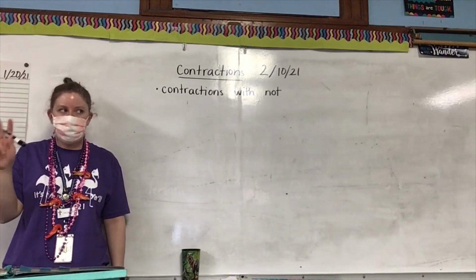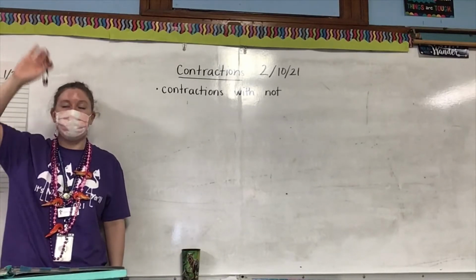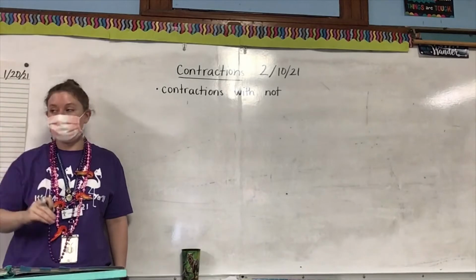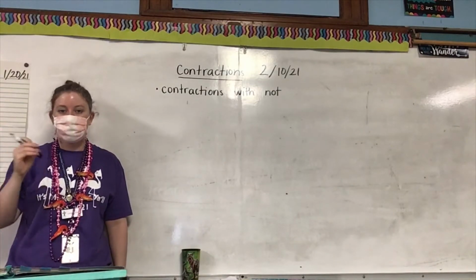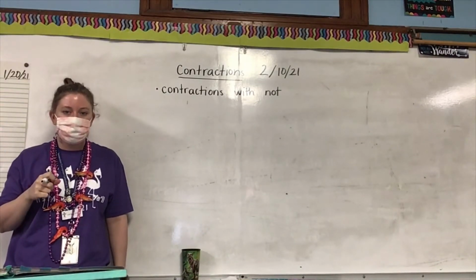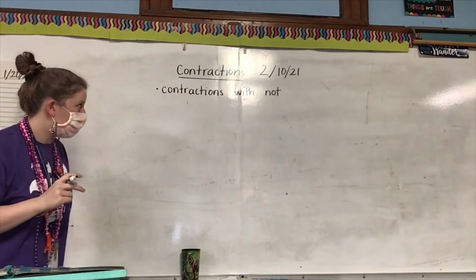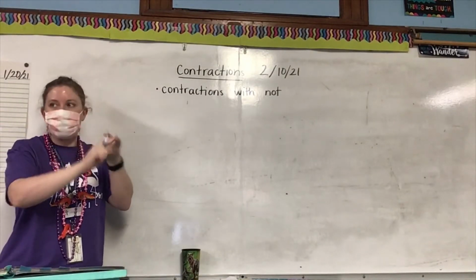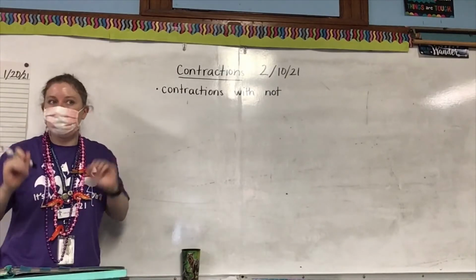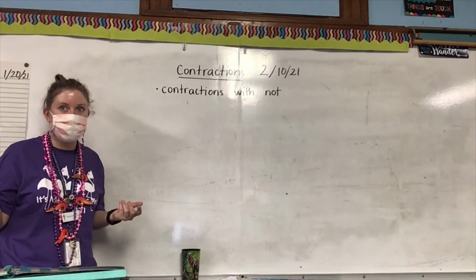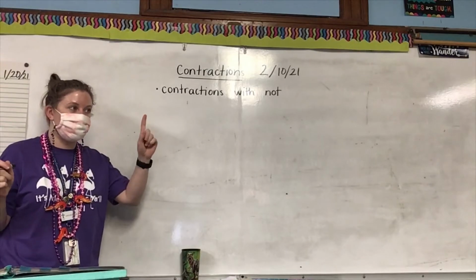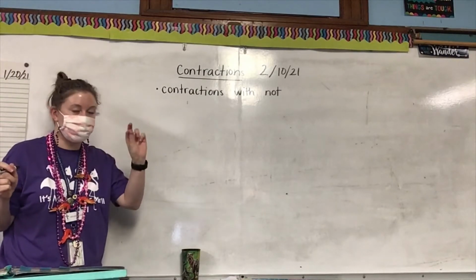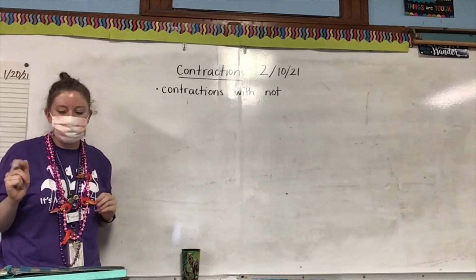Remember, how many words does a contraction combine? Carla? 2 words. So keep that in mind, because I will be writing at the end of the first word quite a few times today. You'll be writing that too. So understand that means the end of the first word, not the second.